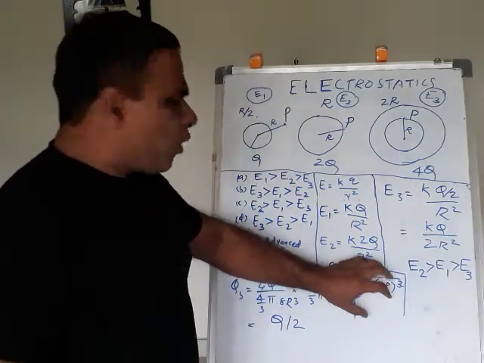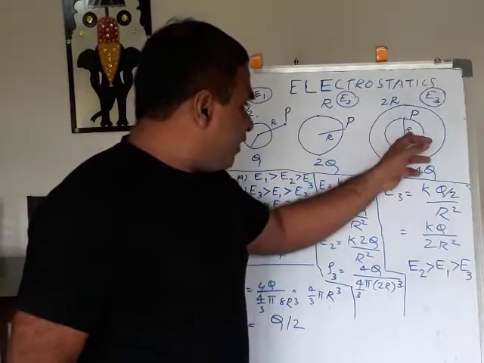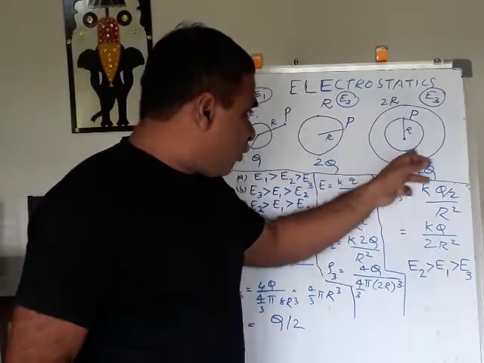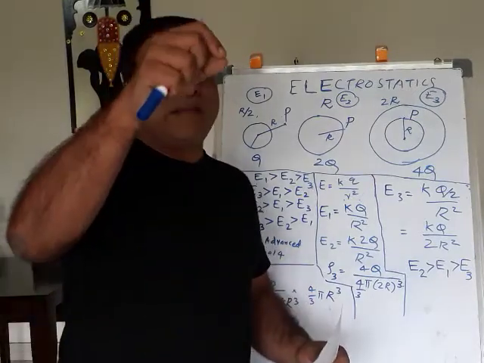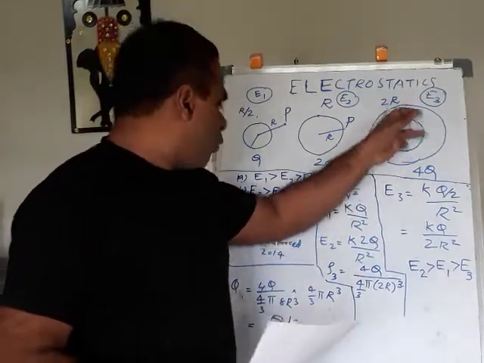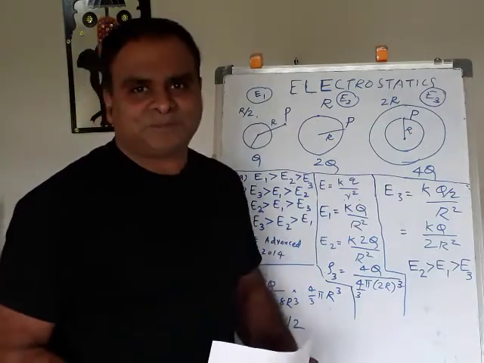Then if this is the volume charge density, what is the charge enclosed by the inside dielectric? It would be volume charge density into the volume of the inside sphere.